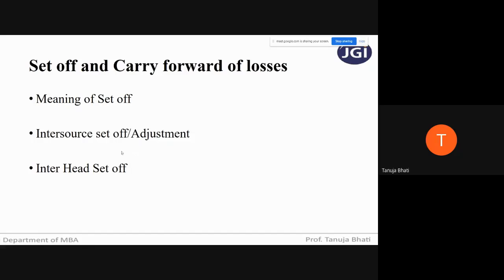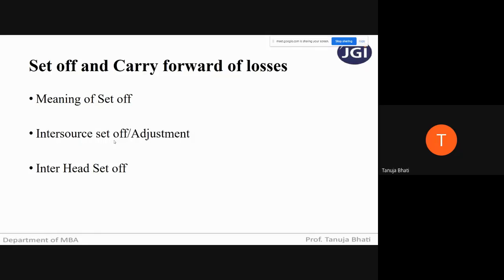So students, have you all understood what is inter-source set-off and what is the impermissible inter-source set-off? Inter-source set-off is nothing but setting off within the same head of income, not inter-head. When you're setting off the losses against the profit from the same source of income, it is called inter-source set-off. But certain inter-source set-offs are not permissible.